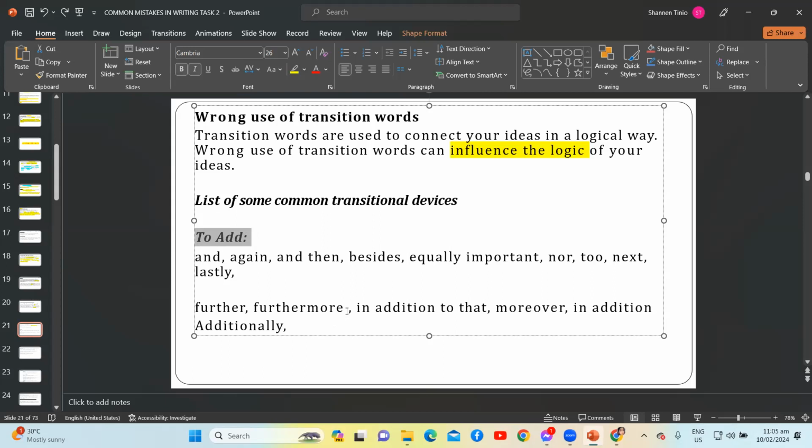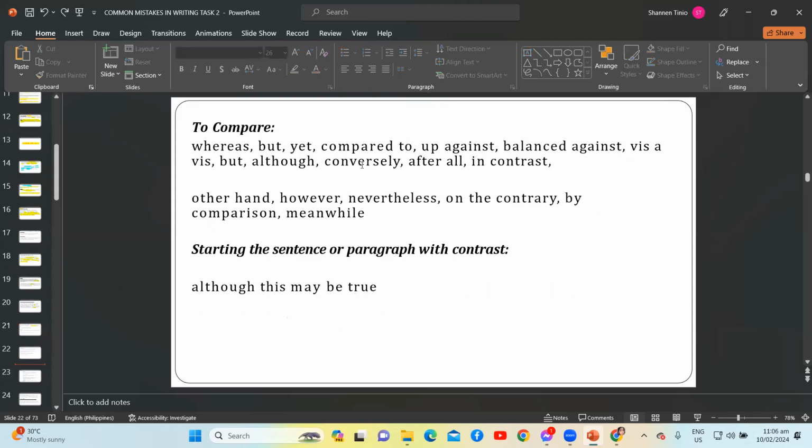Furthermore, lack of parental guidance. To add, you can use these transition words. Di ba ang sarap pakinggan? Furthermore, in addition, meaning, wait lang, di pa ako tapos, may gusto pa akong i-add. Now, you want to compare? You use these.